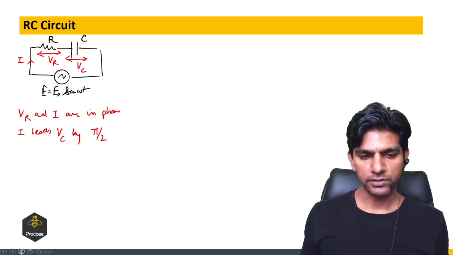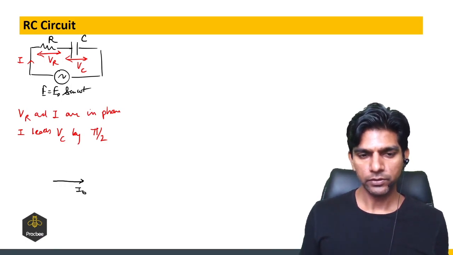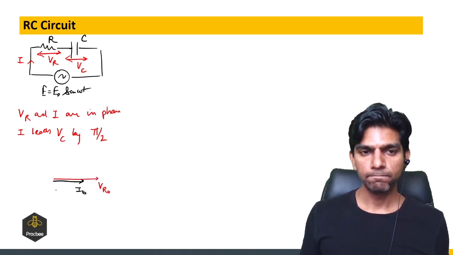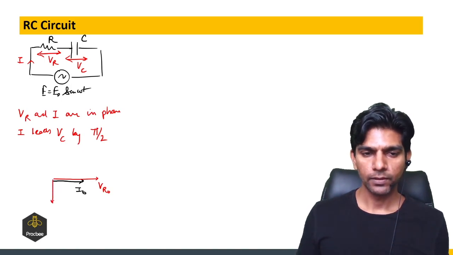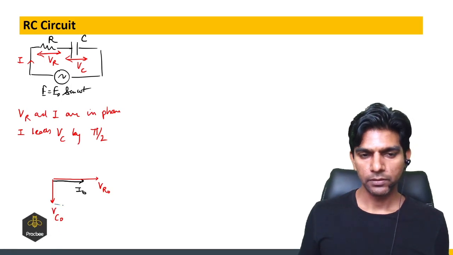So if I draw the phasor diagram, we can say this is I naught and this is VR naught, and current is leading, right? So we can show VC naught like this. And the vector addition of VR naught and VC naught will give us the peak value of the voltage applied by the AC source.